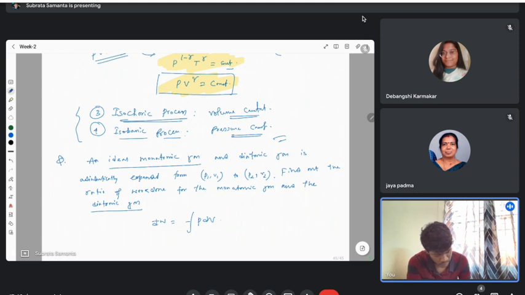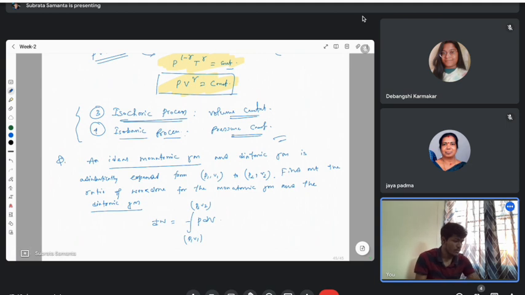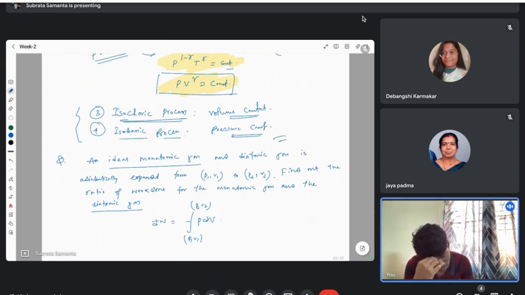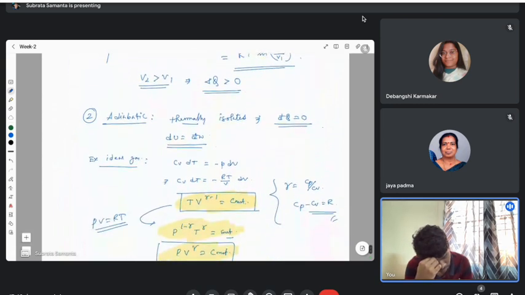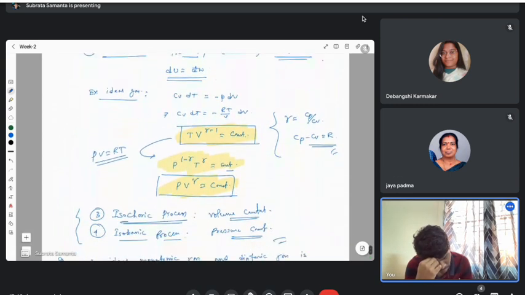Okay, so in general, the pressure is P1 V1 to P2 V2. Once you calculate this, we get expressions. dQ is 0 for an adiabatic process, so dU is actually dW.